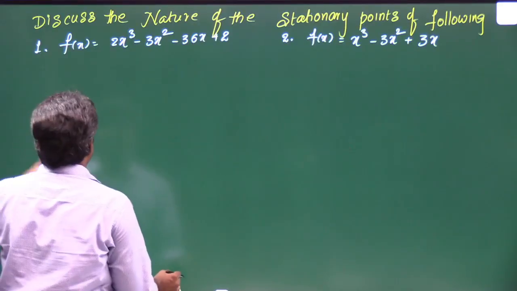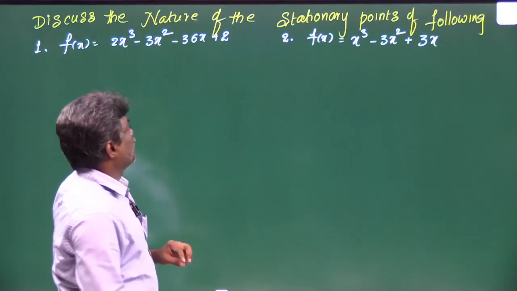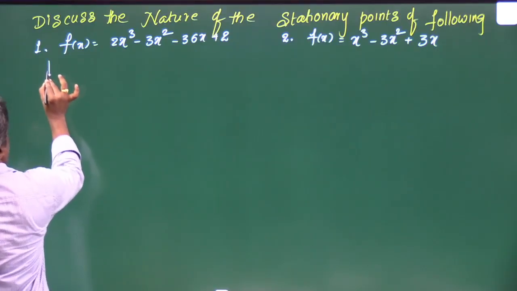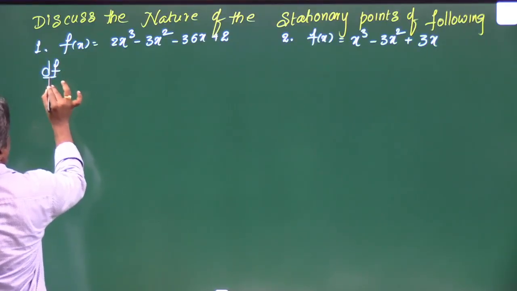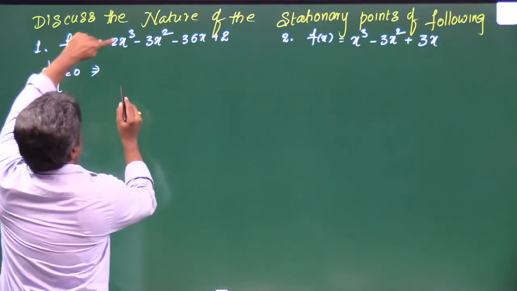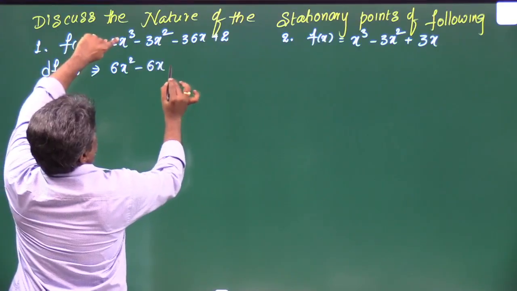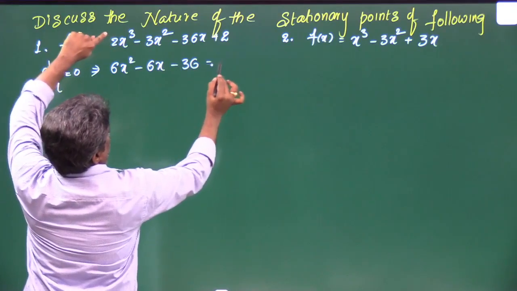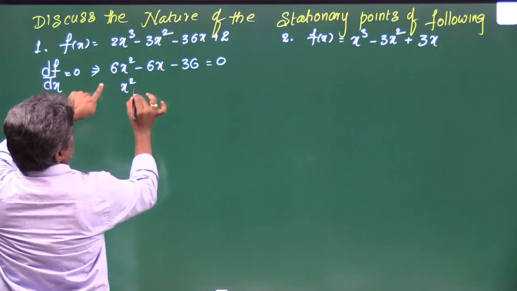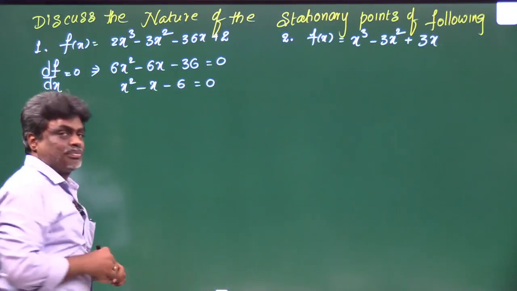Now let us start. Here the given function is f(x) = 2x³ − 3x² − 36x + 2. As usual, first you have to take the derivative of the function, df/dx = 0. Just differentiating, that is 6x² − 6x − 36 = 0. And here you can simplify: x² − x − 6 = 0.